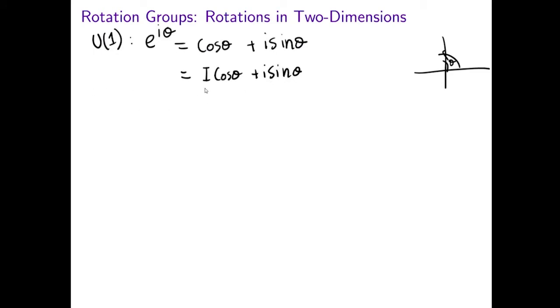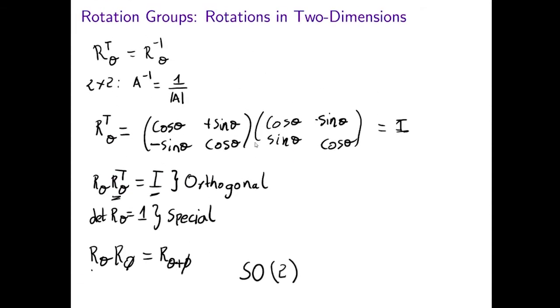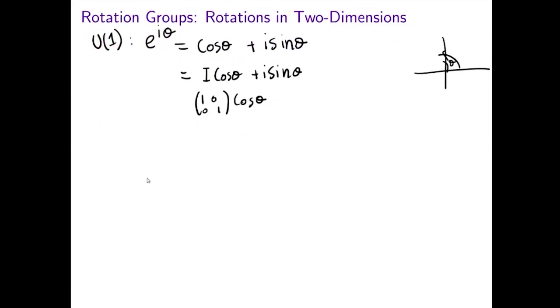So I is essentially just the 2 by 2 identity matrix, so it's just 1, 0, 0, 1, times cos theta. Okay? Sin theta, on the other hand, is a little more special. So I'm going to define i to be this matrix. Okay, might look familiar.